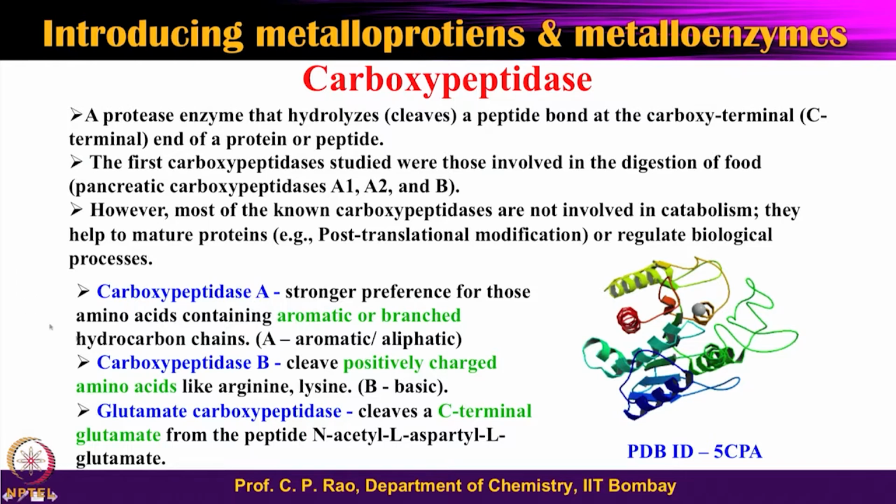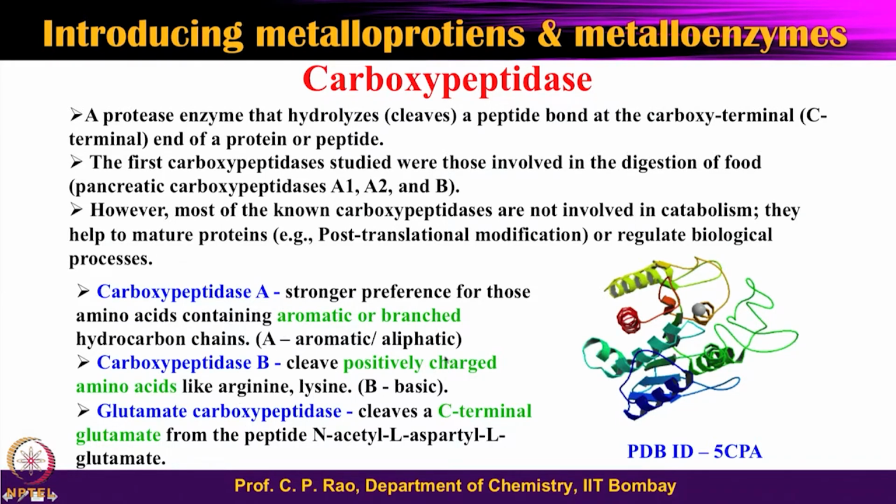What kind of bond is cleaved is dependent on the type of the enzyme. If you have a neighbor which is aromatic, if you have a neighbor which is cationic, if you have a neighbor amino acid which is anionic, there are different kinds of enzymes. Carboxypeptidase A is where the neighbor amino acid is aromatic or branched.